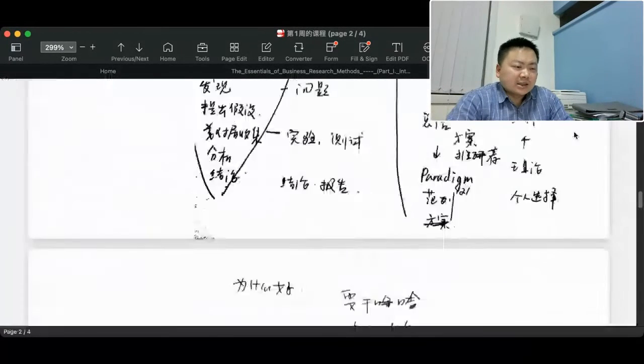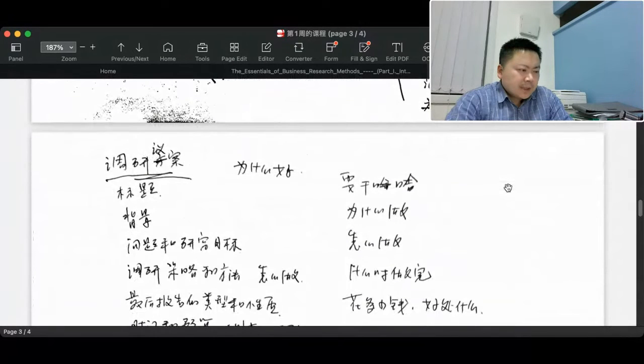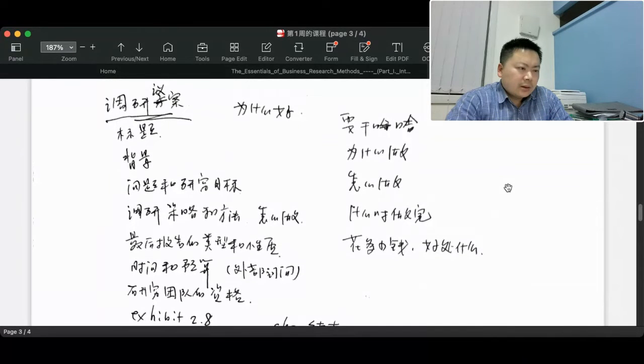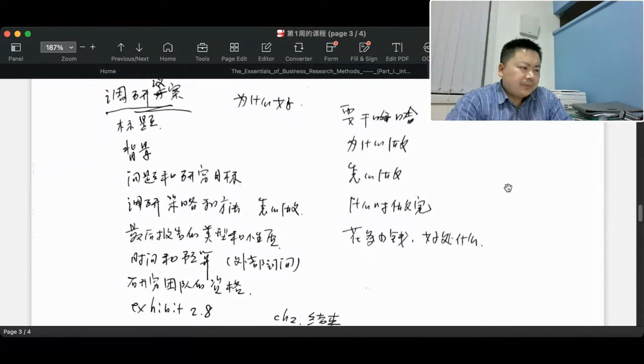So for deductive, yeah. So next is about the business proposal, why it is useful, and what it needs to include. So it needs to have a title, a background to explain the situation, and to raise the question and research objectives, what we are going to do.